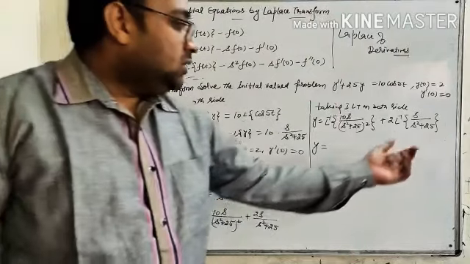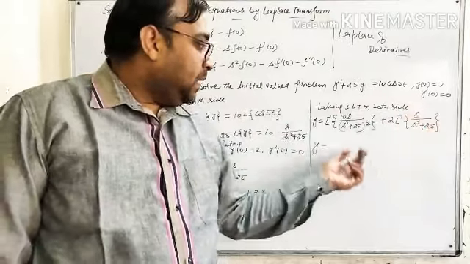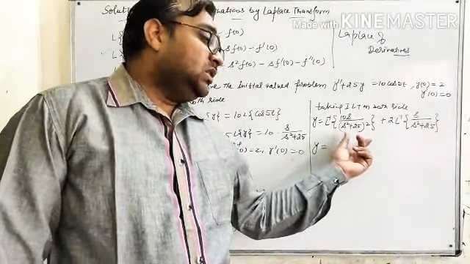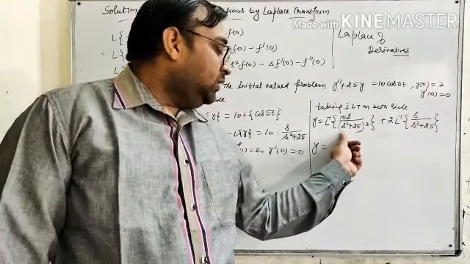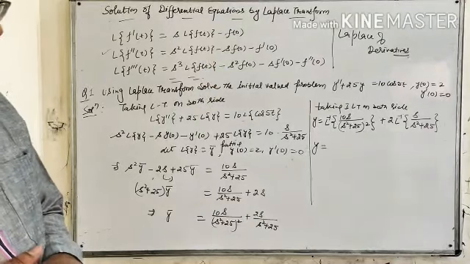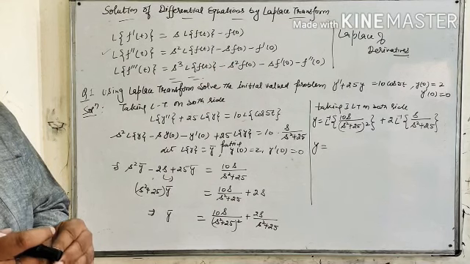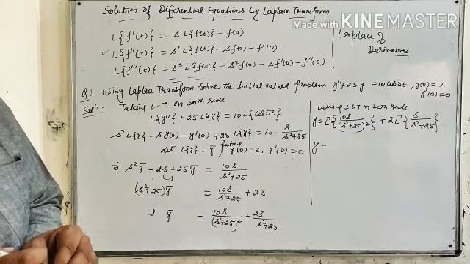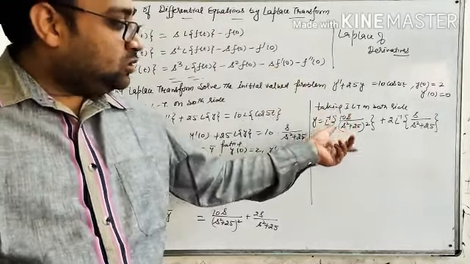This is a direct function, we can write it as cos 5t, but the first is not a direct function, so we can use either the derivative formula, that is by differentiating, or the convolution theorem, or we can also use partial fractions.